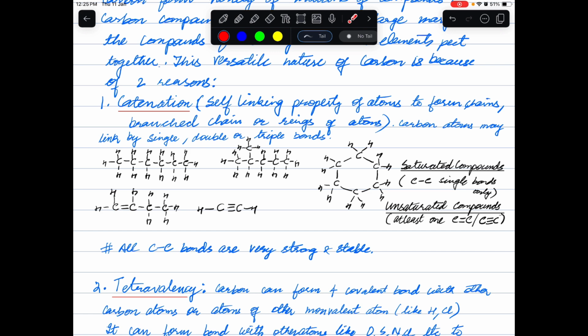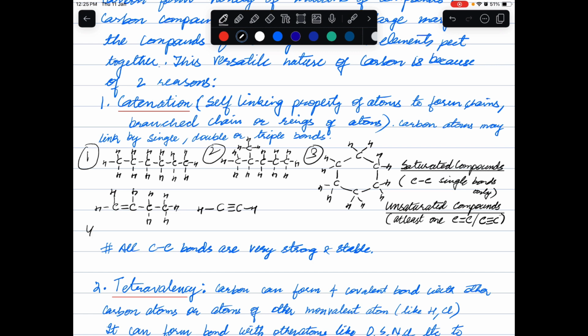Now, if you see all these compounds, first 3 are having only carbon-carbon single bond. So when we have only carbon-carbon single bond, we call such compound a saturated compound. So first 3 compounds are saturated, that is your first, second, and third. These are saturated compounds.